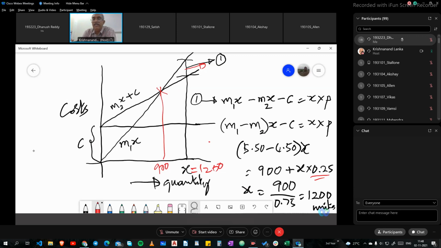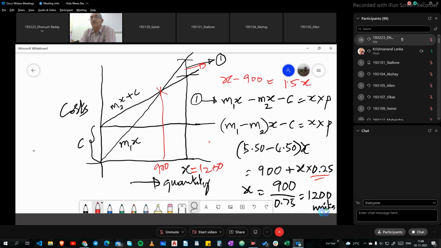Whereas for the last issue, here we are getting x minus 900 is equal to 1.5x.